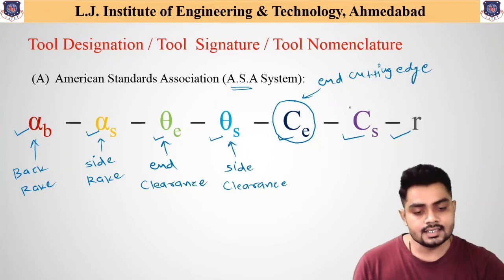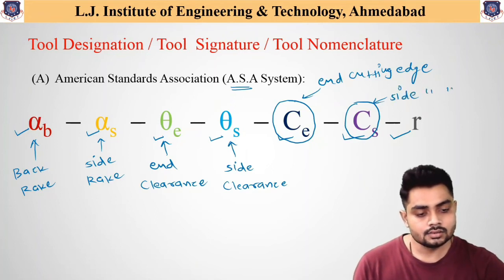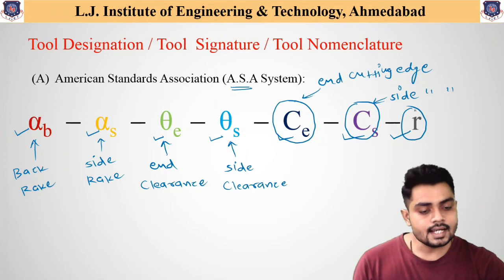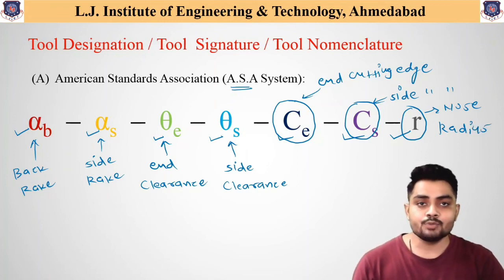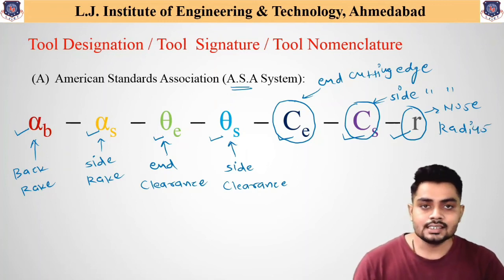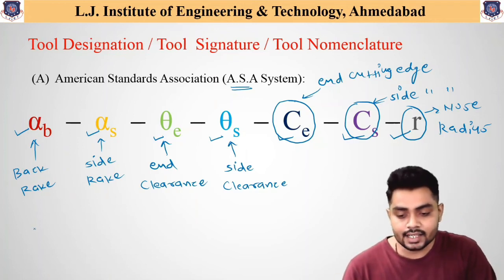Similarly, CS indicates the side cutting edge angle, and R indicates the nose radius. So these are the 7 important parameters with which the tool signature can be indicated. Let us have an example.